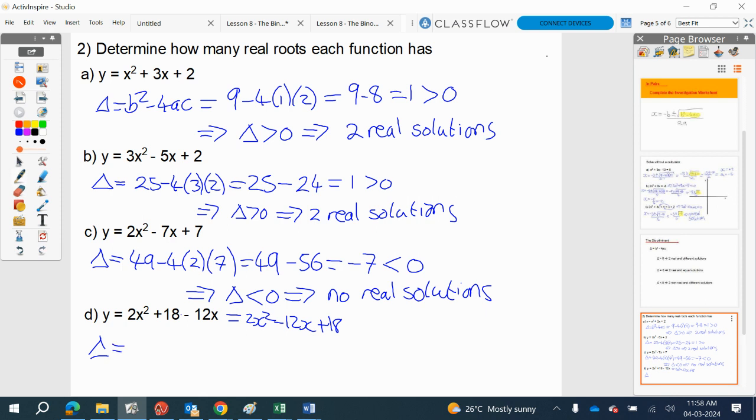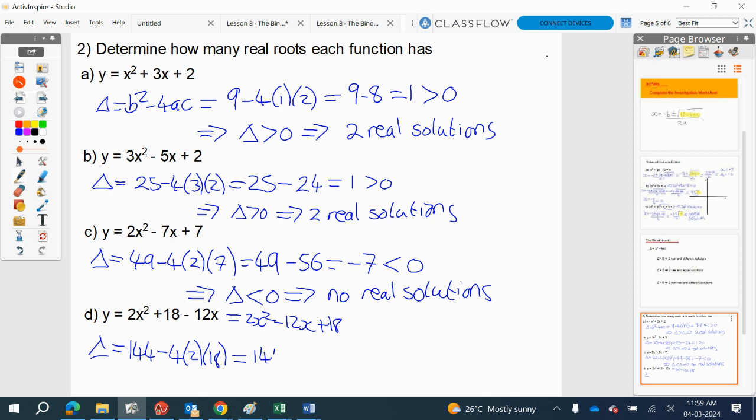So minus 12 squared. What's minus 12 squared? 144. And then we need 4 times 2 times 18.